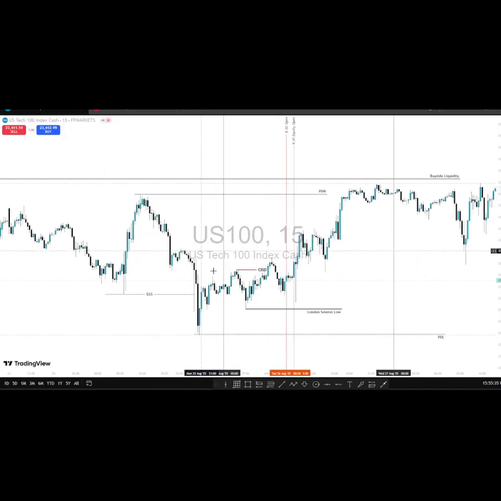but then we also have these last down close candles that had formed this main liquidity sweep, the one that was responsible for the liquidity sweep right there.